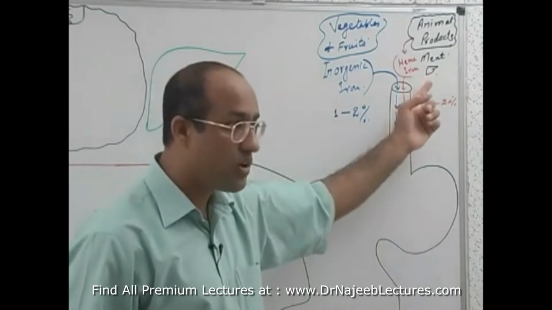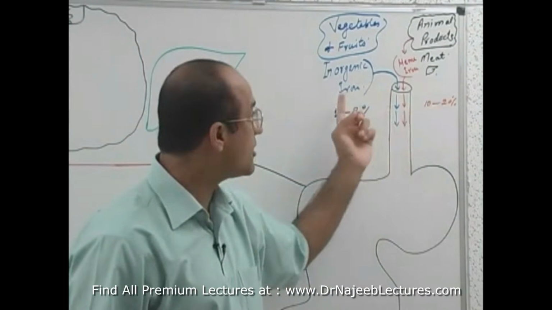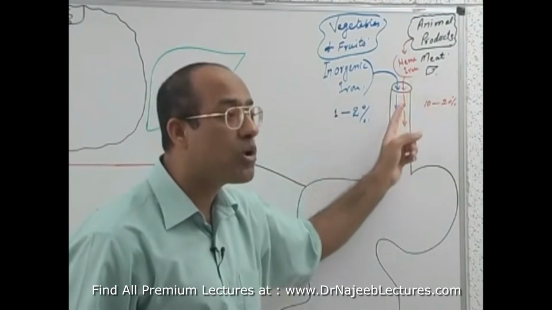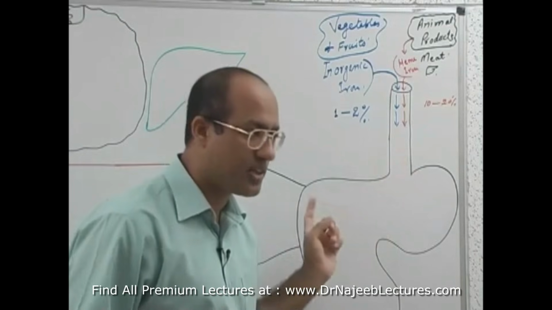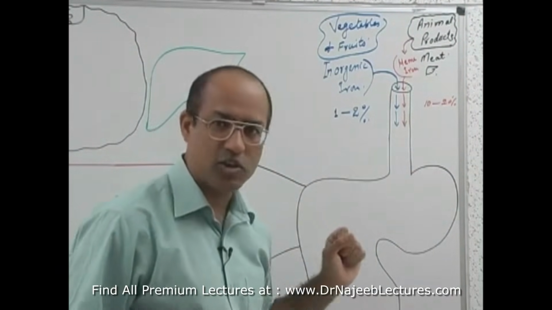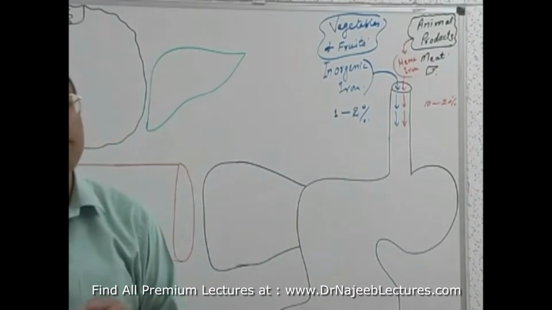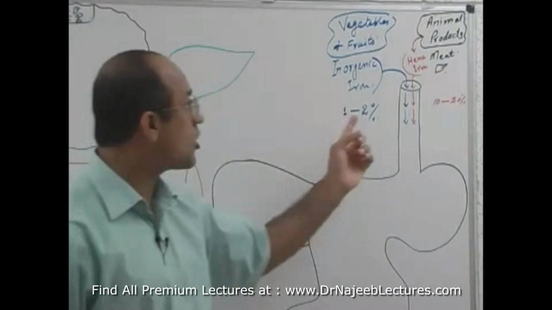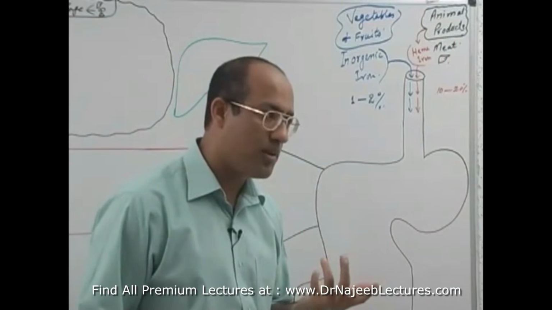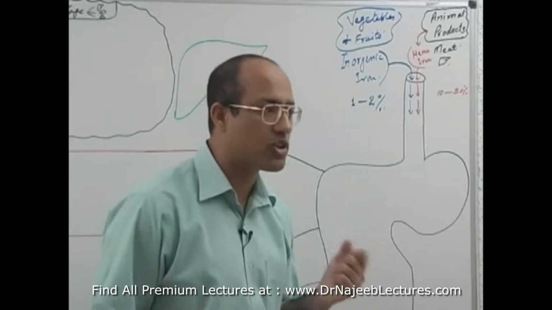Is it heme iron, or is it inorganic iron? Because heme iron has a higher ratio of absorption. It means it is more bioavailable. So the term we will use is that heme iron has better bioavailability, and inorganic iron has poor bioavailability.